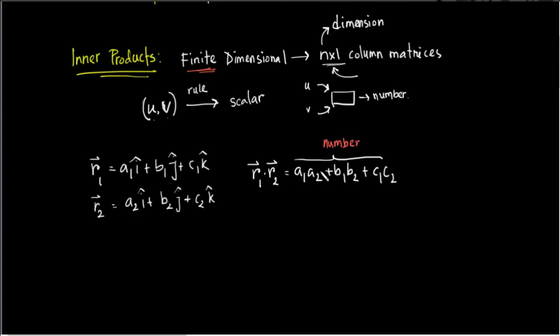So the operation of dot product took as input two vectors, r1 and r2, and it output this number. So a dot product is an inner product. A dot product is an example of an inner product.